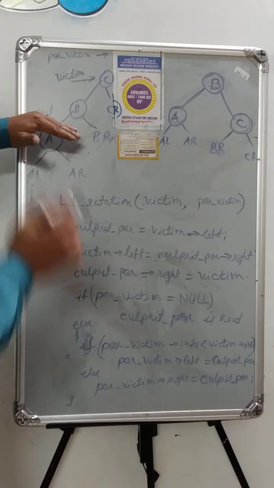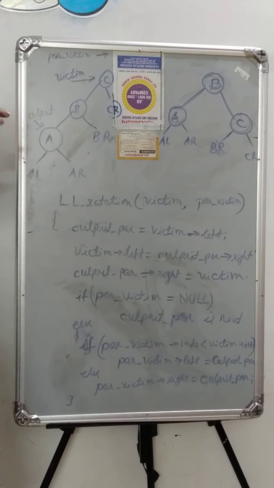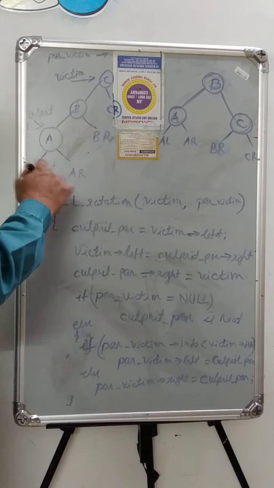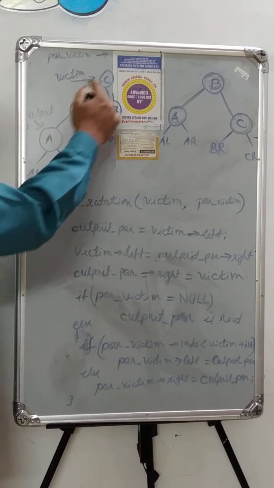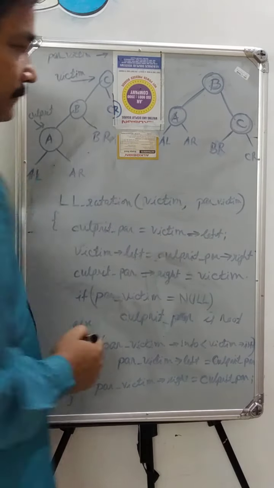So before that, it was fulfilling all the properties of the AVL tree, but due to the insertion of this A, imbalance occurred. Now, for making the tree balanced one, this part of the tree has to be converted to this structure.